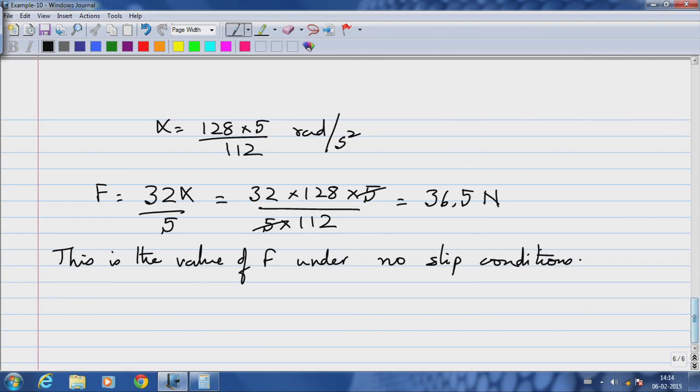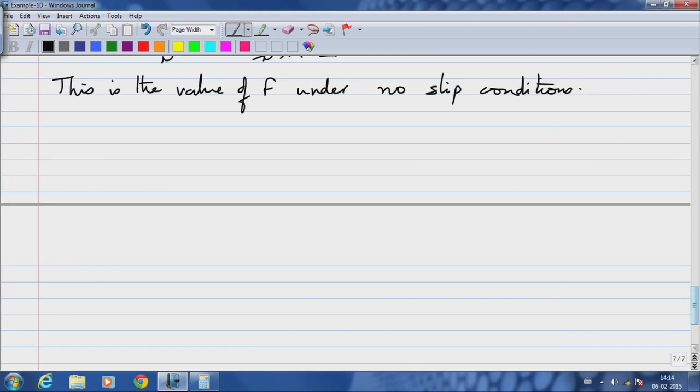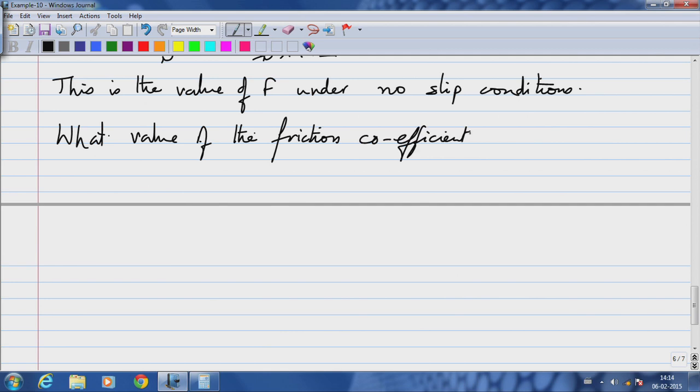But typically between a pair of surfaces, let us say in this case the sphere and the inclined plane, I have a value of mu. So, if I rephrase and ask the question, what value of the friction coefficient is needed to achieve no slip?